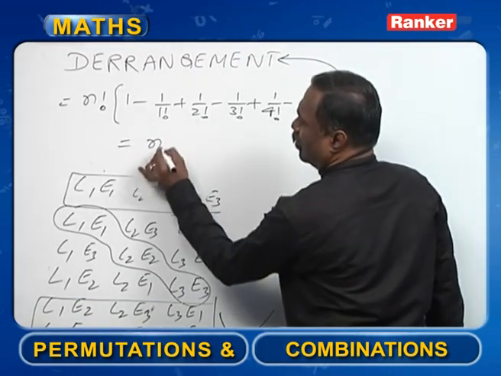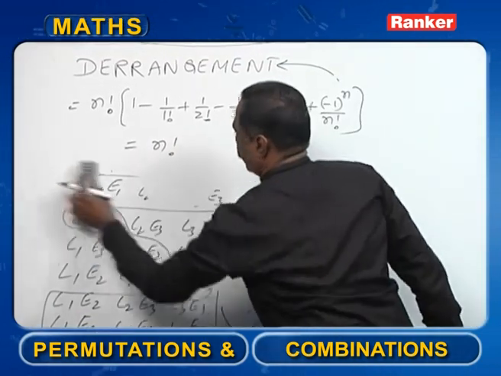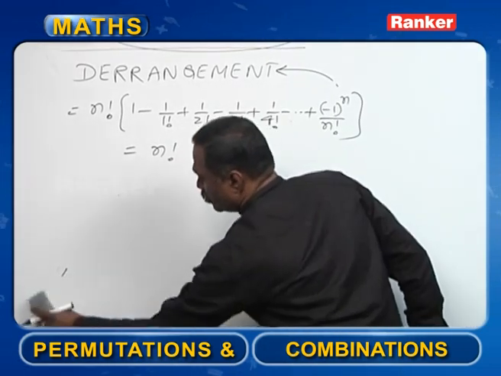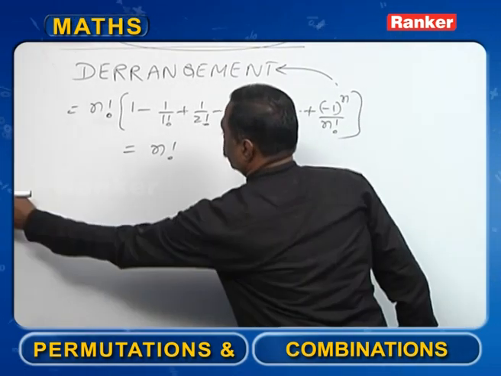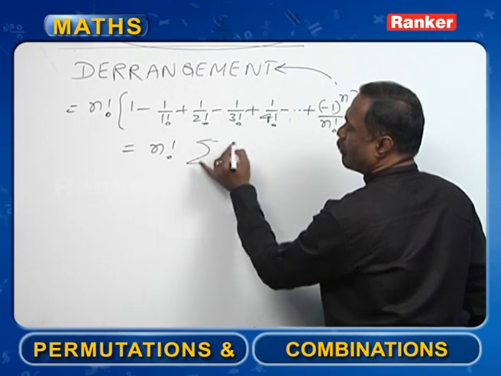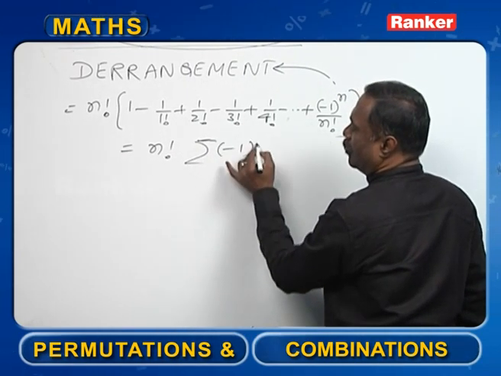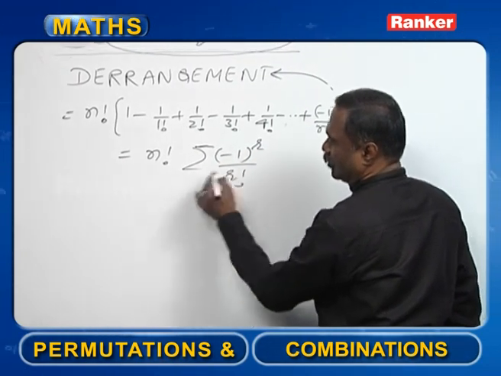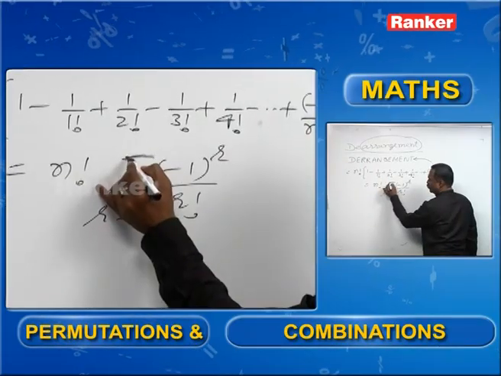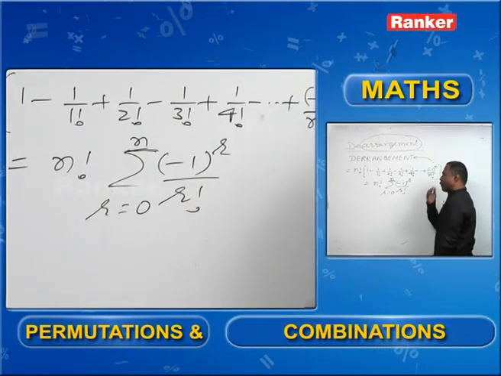Or you can write it in the sigma notation. This is n factorial into sigma minus 1 whole power r upon r factorial, r runs from 0 to n.